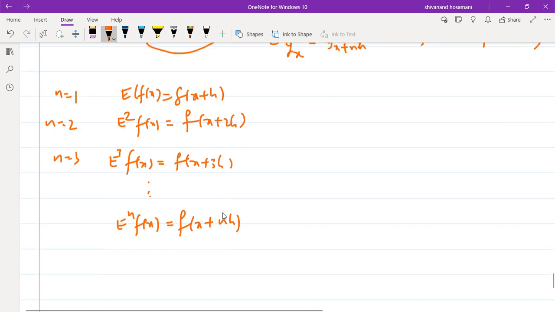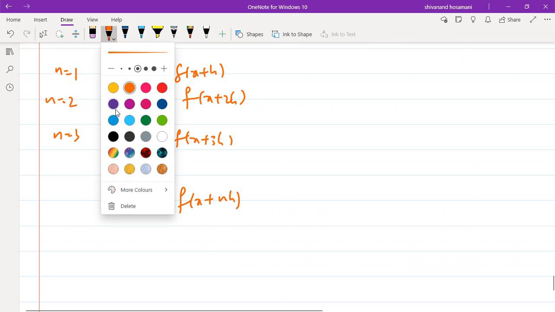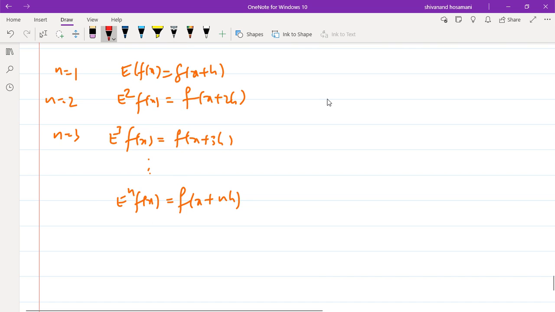So far we have studied three operators. What are the three operators? The first operator that we have seen is the forward difference operator, denoted by delta.